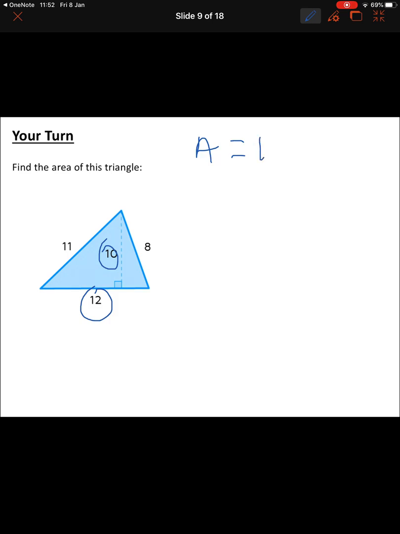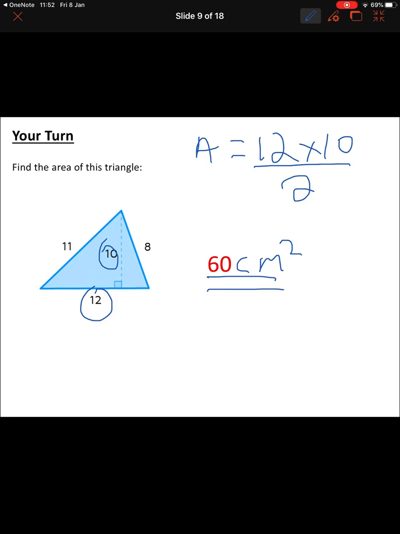So therefore, to work this out, your area is 12 times 10, divide that by 2, and your answer is 60, I'm going to just correct this, centimetres squared, okay? Don't worry if you haven't put units. I realise that there's no units on this question, okay?